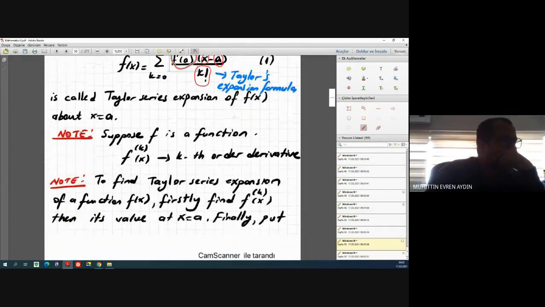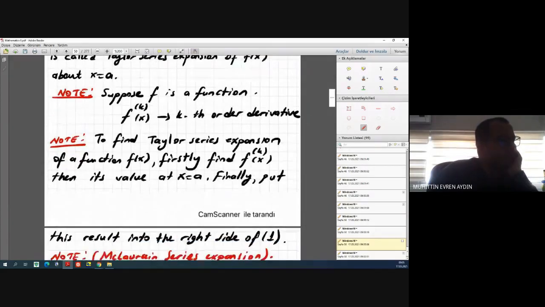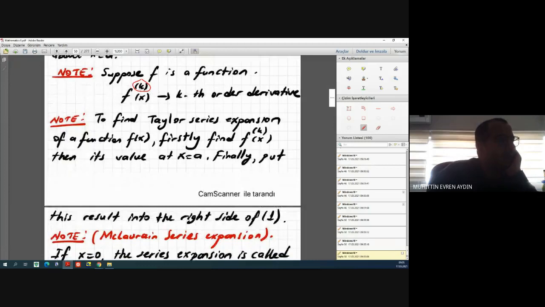In this notation, we say that f of x power k, we mean the kth order derivative, higher order derivative.